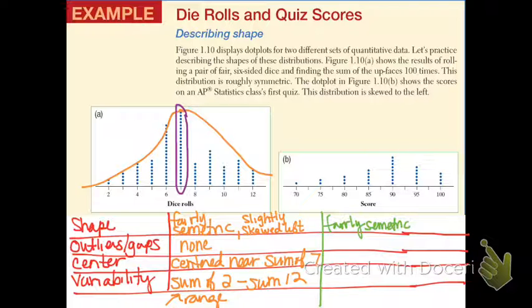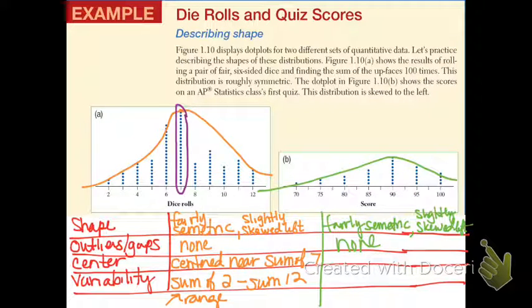And it is also, if I were to put a curve here, the tail also is longer on the left, so it's also slightly skewed left. There don't seem to be any outliers or gaps again.